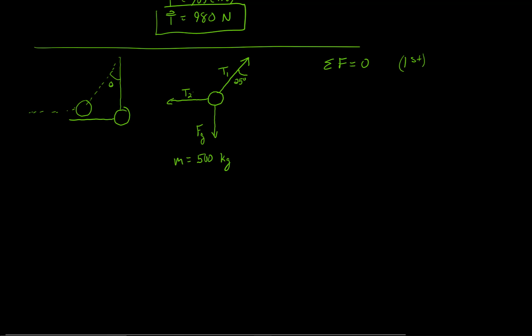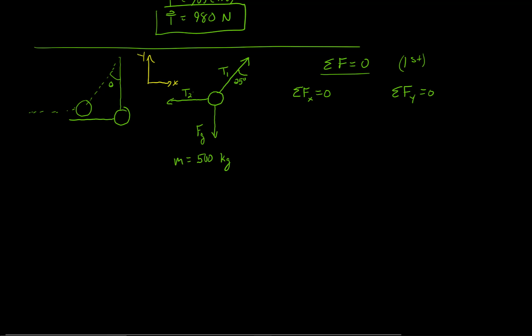And because this is in 2 dimensions, we have x and y, so we're going to have to break it up into components. But we can use Newton's first law in components. So the net force in the x direction has to be equal to 0, and the net force in the y direction also has to be equal to 0 in order for the total net force to be 0.